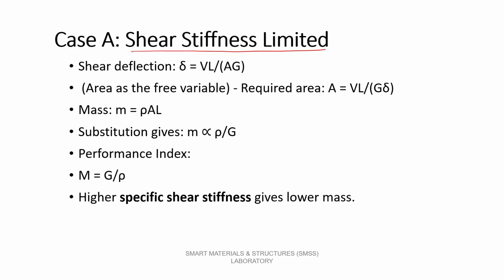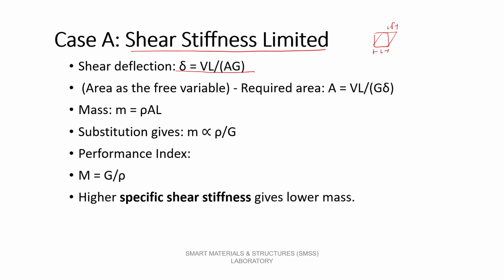Okay. So, in this case the shear deflection delta is VL over AG. Okay. So, consider a simple block which is undergoing a shear, right, something like this, okay, and this is of length L, and this change is delta, right, and then the shear stress equals G times the shear strain.